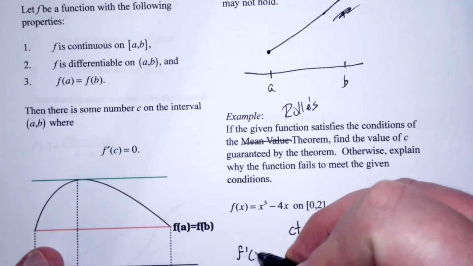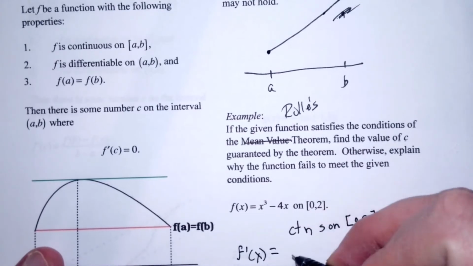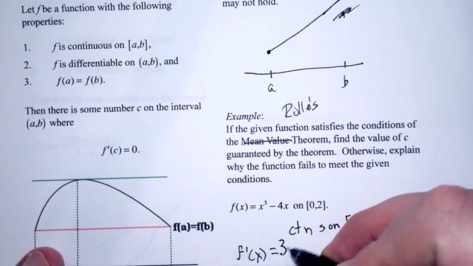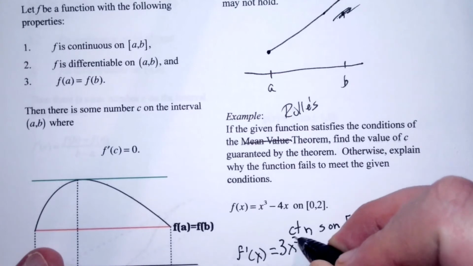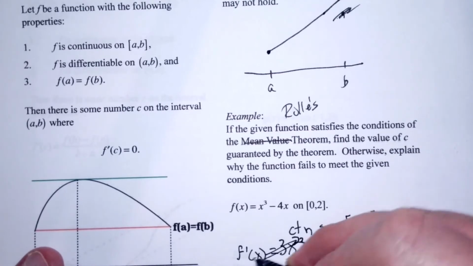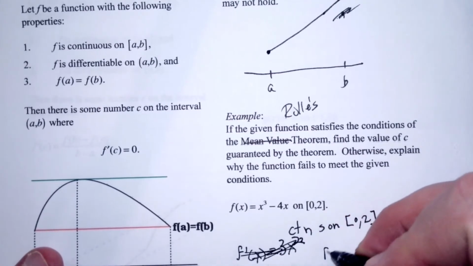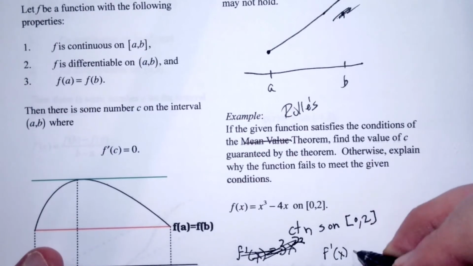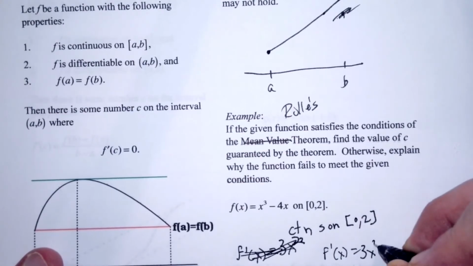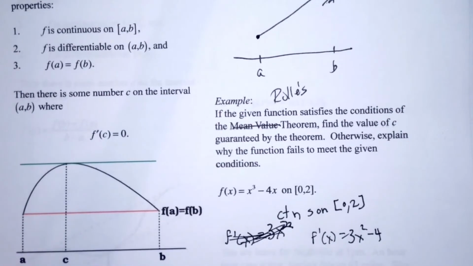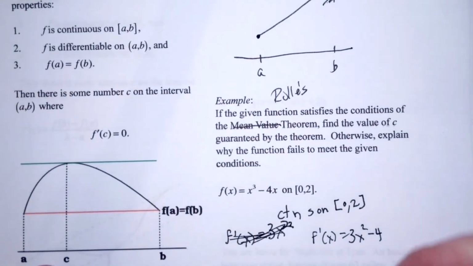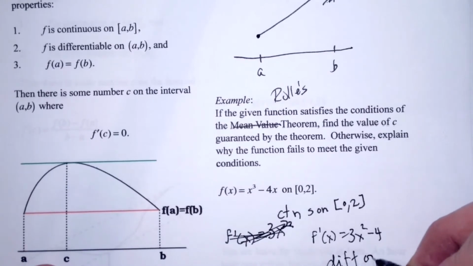Is it differentiable on the open interval? Well, the derivative is 3x squared minus 4. And that's defined for all values of x. So it meets the differentiability condition.